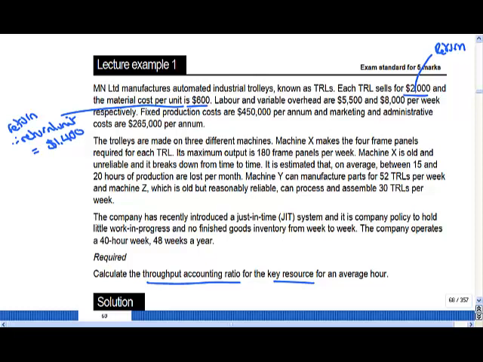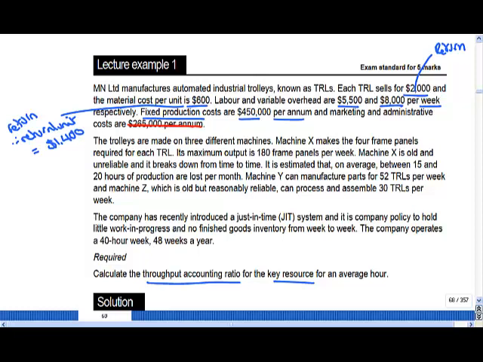Labour and variable overhead, 5,500 and 8,000 a week. Fixed production cost, 450 per annum. Okay, so be careful, got a difference in time periods here. Marketing and admin costs are 265. Now, marketing and admin costs we're not actually interested in, we only want the production costs. So we don't need to do anything with that there.